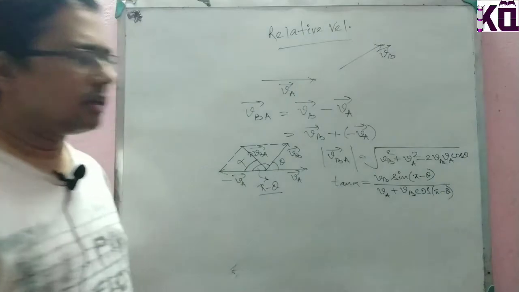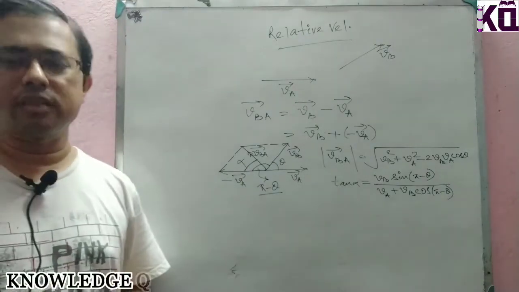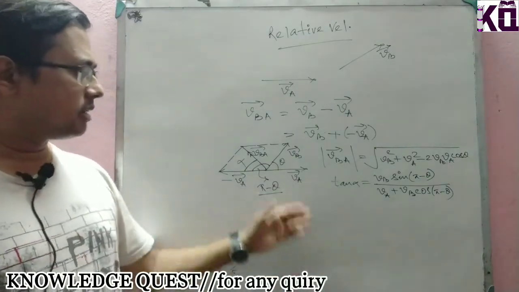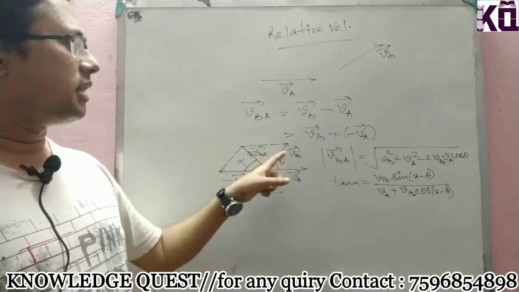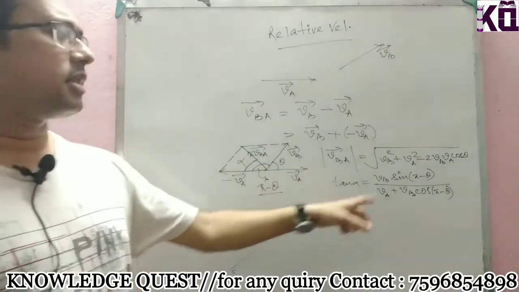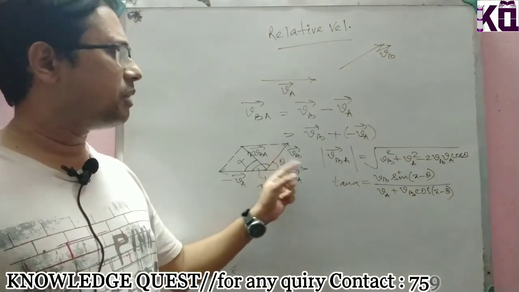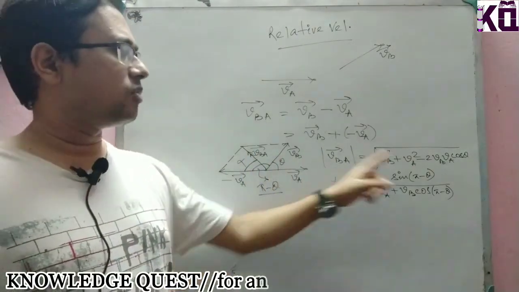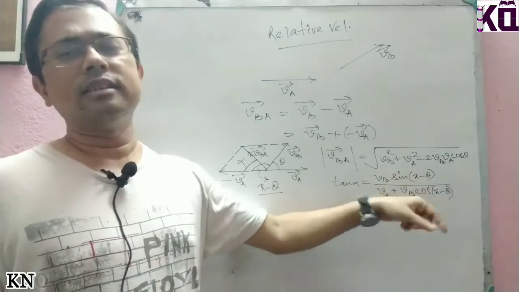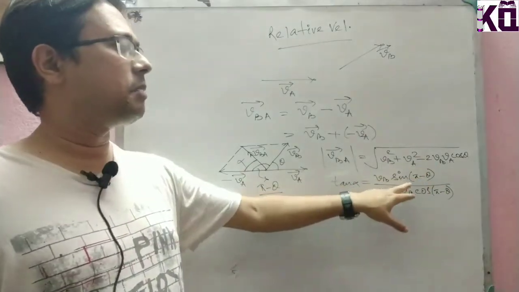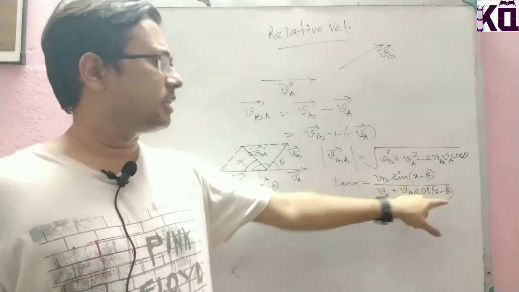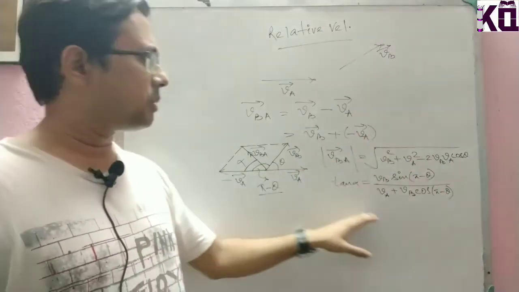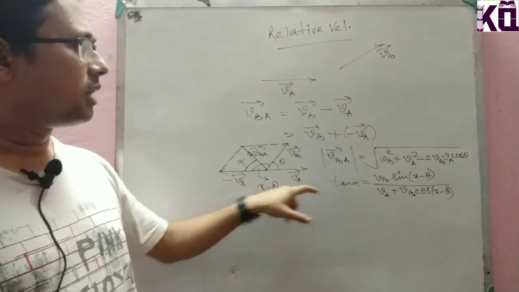This is the same thing we have done earlier, with one difference. In the previous case, when the angle between VA and VB was theta, we wrote theta. Here we just replace theta by pi minus theta. So VA plus VB cos of pi minus theta in total represents the value of tan alpha.